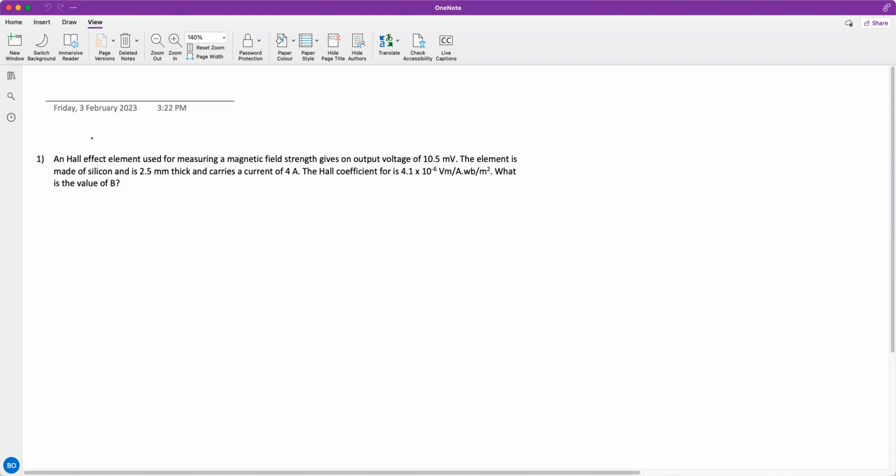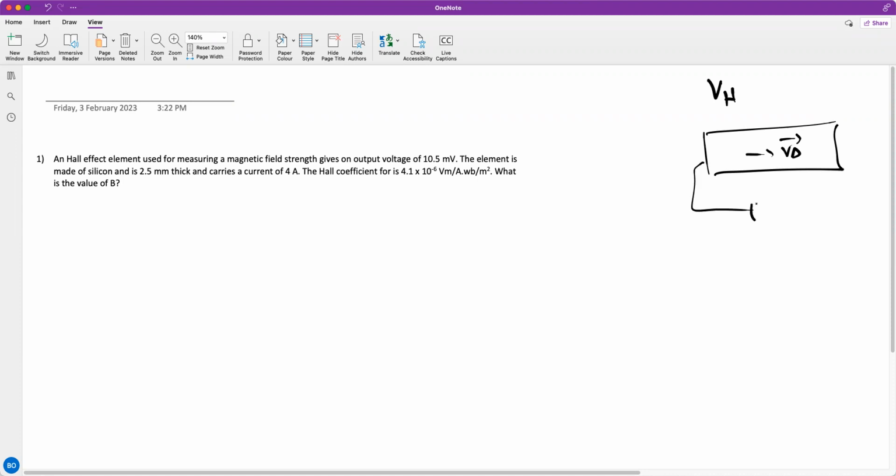As I mentioned in the case that we did, we have the potential difference, the electric field going this way, and the drift velocity of the electrons going this way.